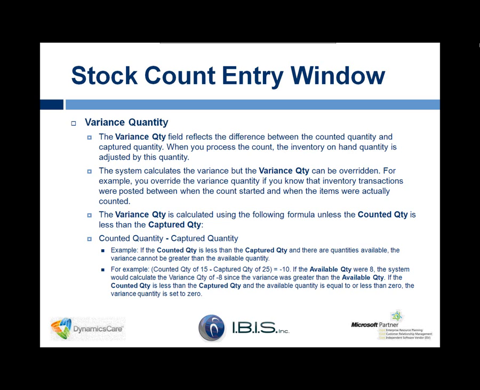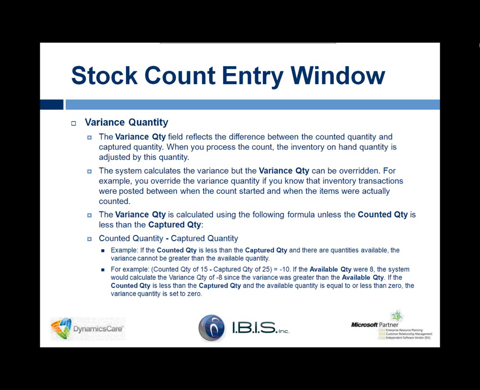Primary reason why that might be a different value is if the available quantity is less than the variance. So what does that say? Here's an example. My counted quantity is 15. My captured quantity is 25. That's going to give me a negative 10 variance.